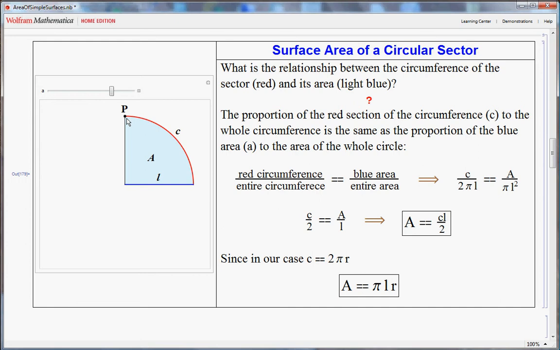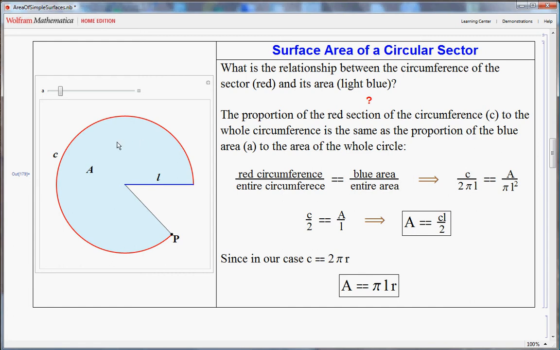Hence, the proportion of the circumference that is covered by the red arc is the same as the proportion of the area that is covered by the light blue sector. So, in general, we can write this equality of proportions here, namely that the red circumference to the entire circumference is equal to the blue area divided by the entire area.